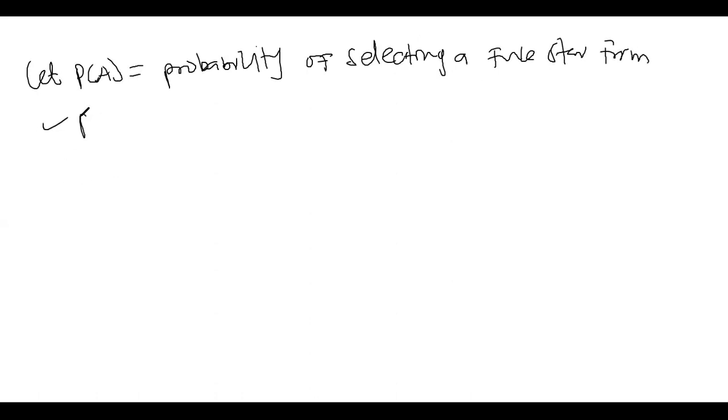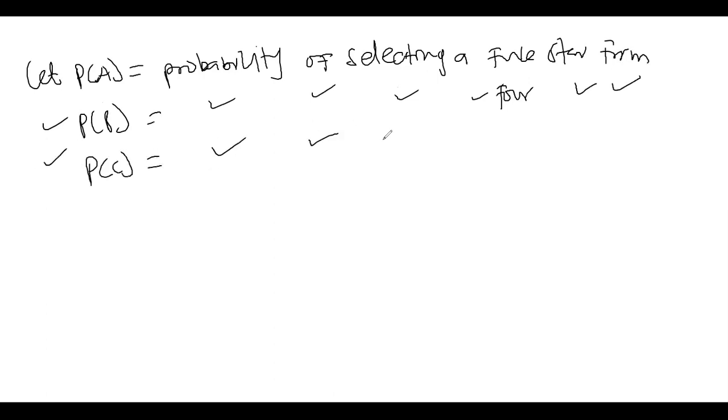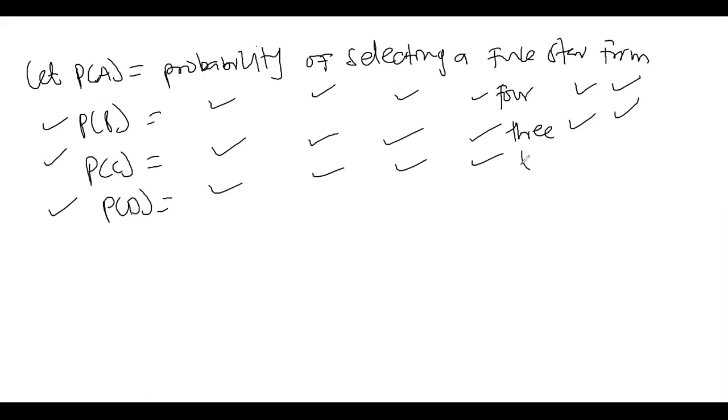And we also let probability of B be probability of selecting a 4-star firm. Then let probability of C be equal to probability of selecting a 3-star firm. And let probability of D be equal to probability of selecting a 2-star firm, okay?